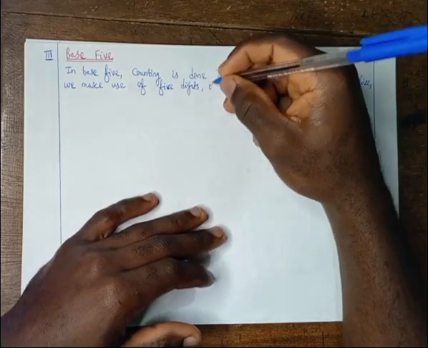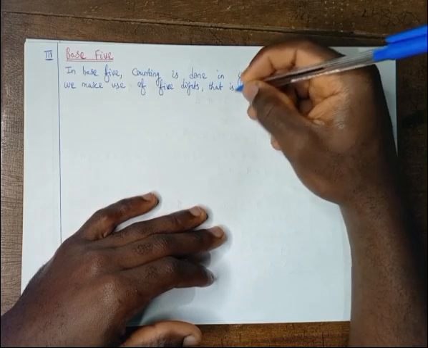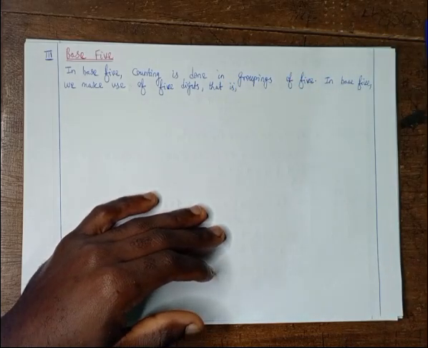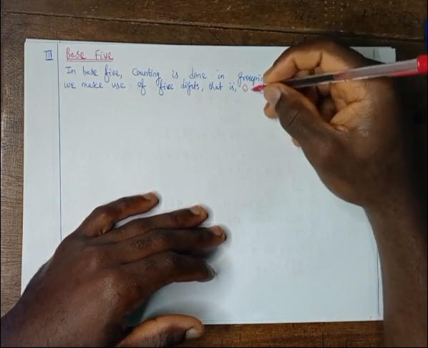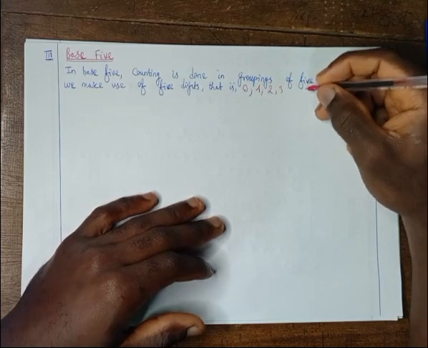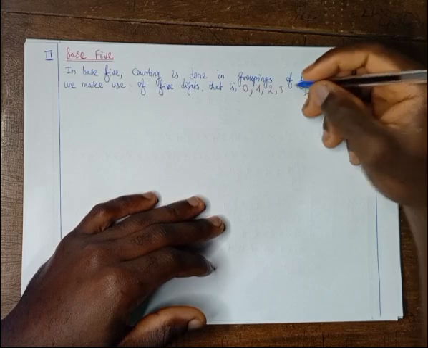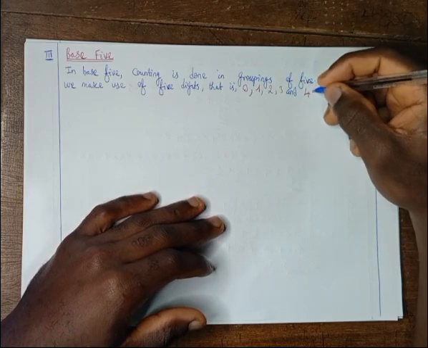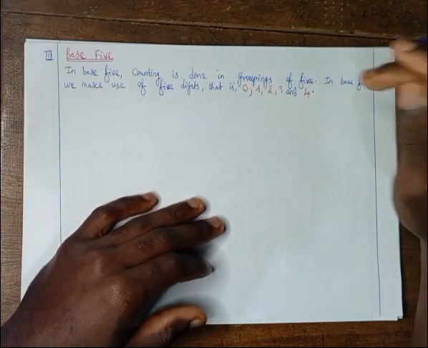These are the 5 digits we make use of in base 5. We make use of the digits 0, 1, 2, 3, and lastly 4. That means all numbers in base 5 are built up using these 5 digits.